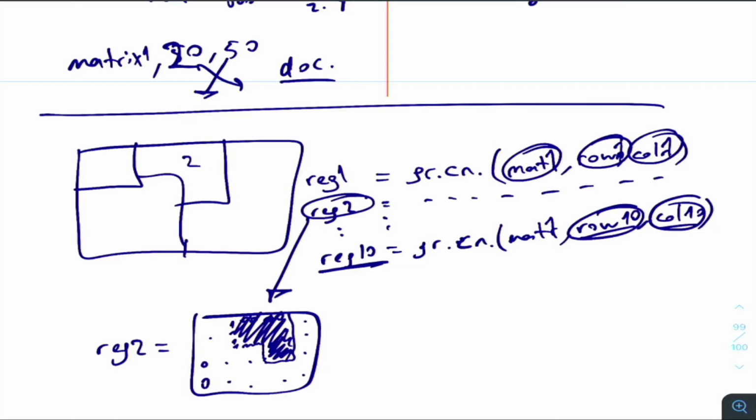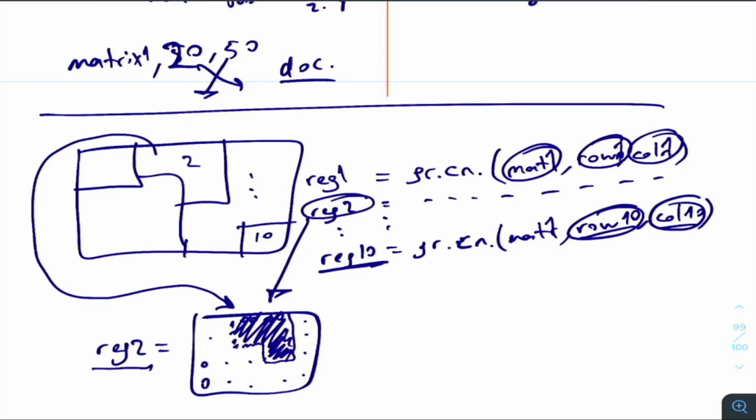But this is the region 2, right? This is region 2, and region 2 matrix. This is a binary image, and again for region 10. By the way, let's say there are some other regions as well, and this is region 10, for example.